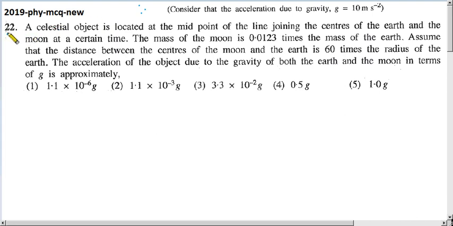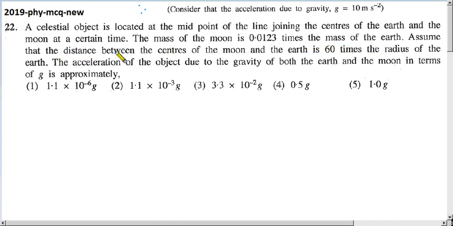Today I am going to discuss question number 22 of the 2019 Physics MCQ new syllabus paper. A celestial object is located at the midpoint of the line joining the centers of the Earth and the Moon at a certain time. The mass of the Moon is 0.0123 times the mass of the Earth.